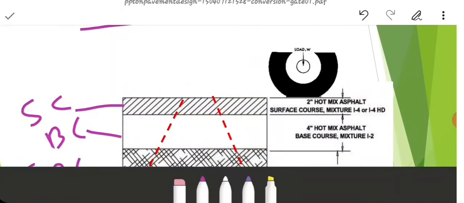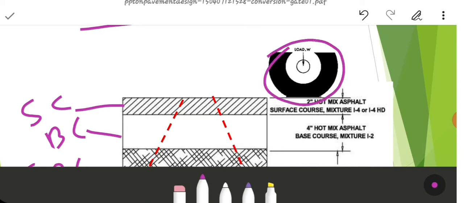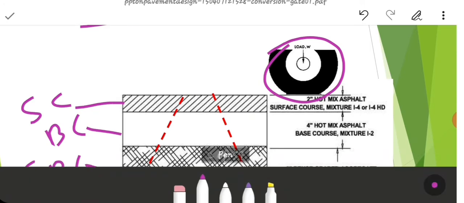Okay, you can see the picture of wheel. This is wheel and this is called axle. Load will come from the axle. Okay, axle is like that.